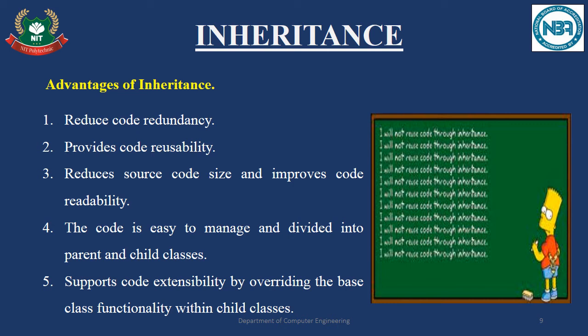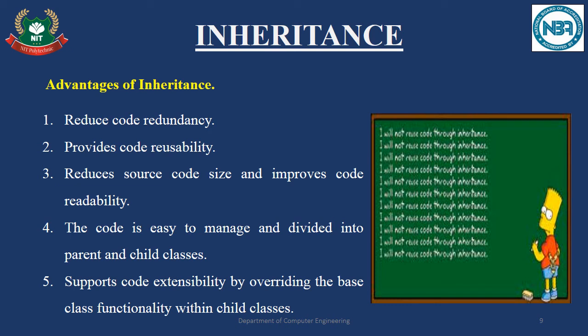Third, it reduces source code size and improves code readability. As we have already seen, code redundancy or code repetition is avoided. So it reduces the lines of code, the code size is smaller, and it also improves the code readability.